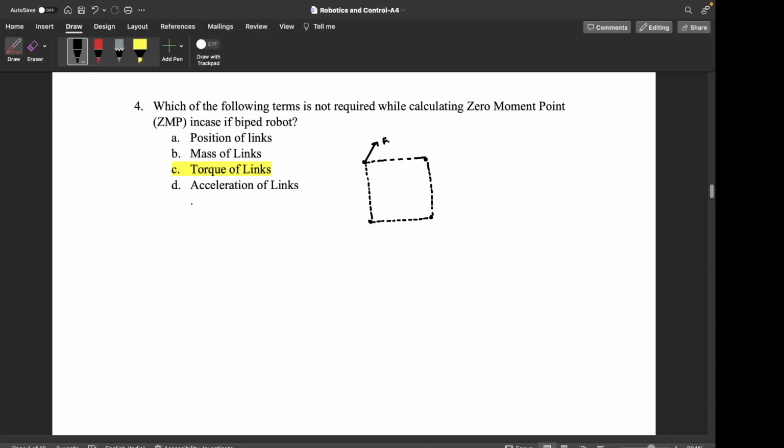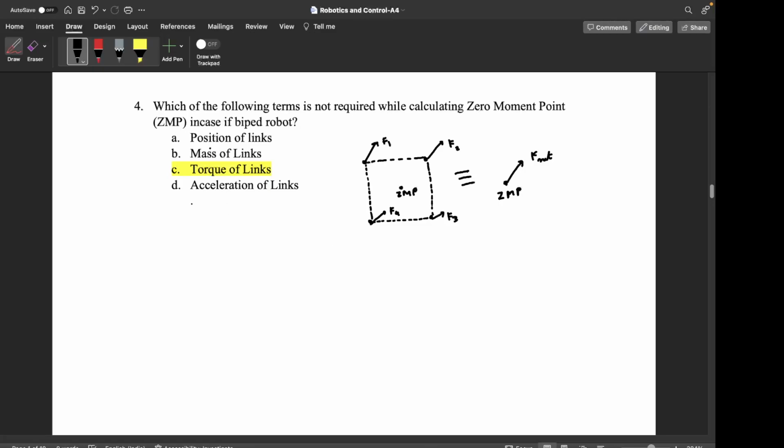You have forces F1, F2, F3, F4, right? So ZMP will lie somewhere here, a point where the net moment due to all these forces in the vertical direction will be 0, and you can replace this by just a net force acting on the ZMP. These two are equivalent kind of thing.